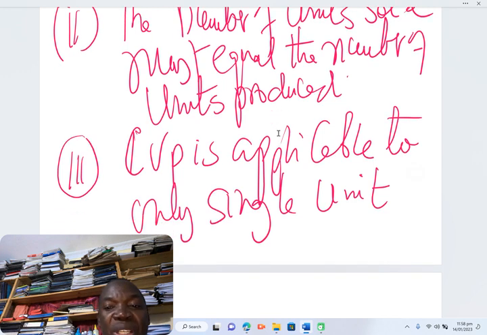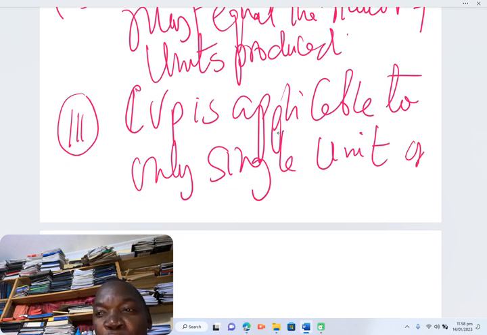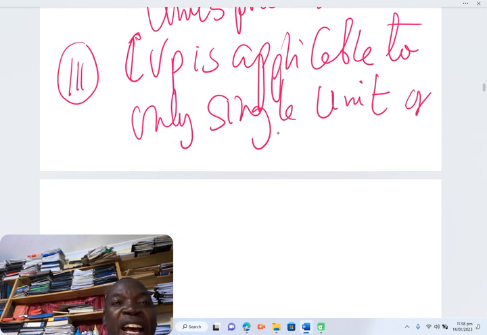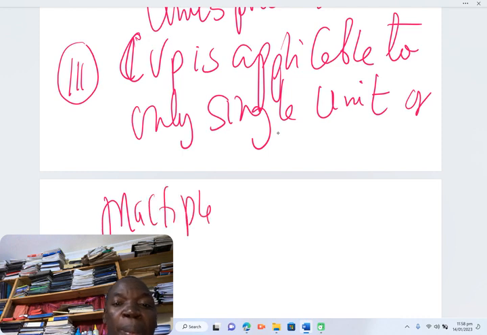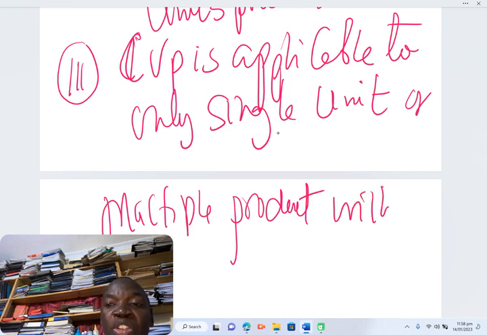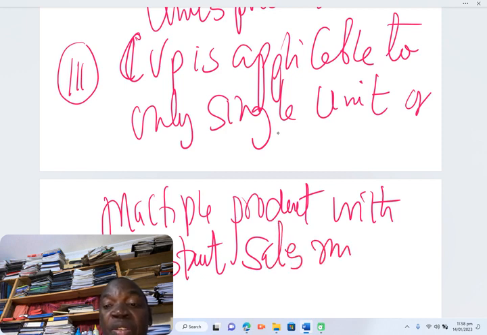If there are multiple products, then those multiple products must be produced using a constant sales mix ratio.